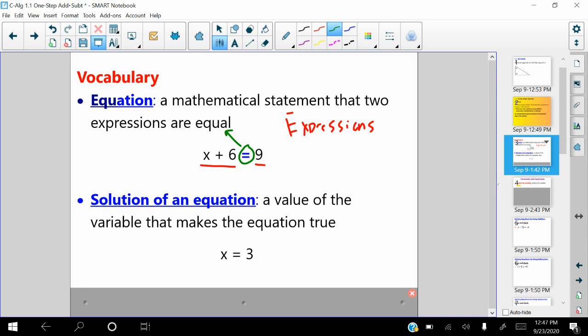So for example, our solution here is 3. x is equal to 3. That's because if we substitute 3 in for x, we get a true statement. Our equation is x plus 6 is equal to 9. So if we substitute 3 for x, we get 3 plus 6 is equal to 9. Well, 9 is equal to 9, which means that that is indeed the solution of that equation.